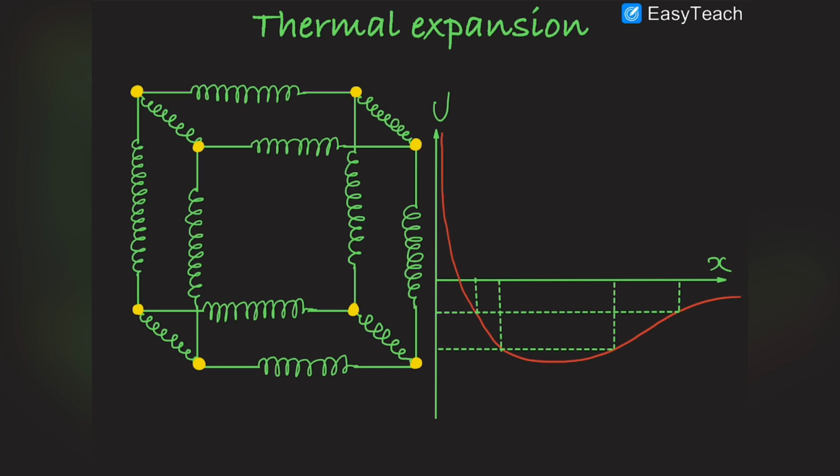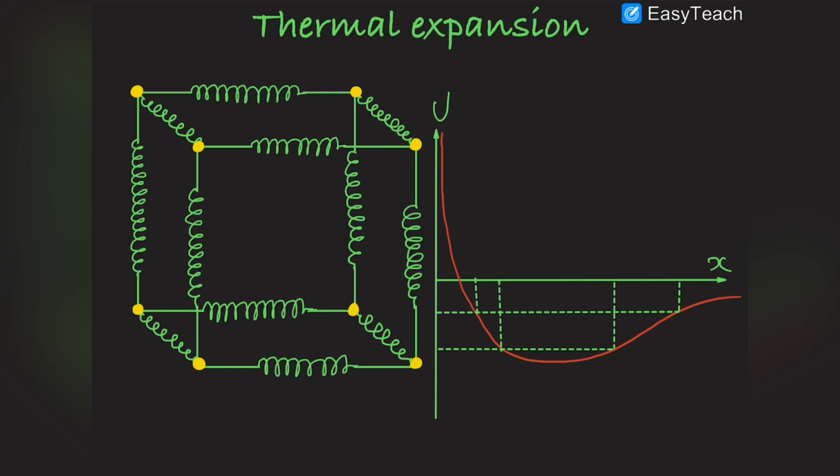So let us analyze the vibration of any two atoms, which is a pair of atoms, and let us see what happens to the potential energy. We all know that the interatomic potential energy curve with the interatomic distance x is like this, and it is an asymmetrical curve, due to the shape you can see in the figure.